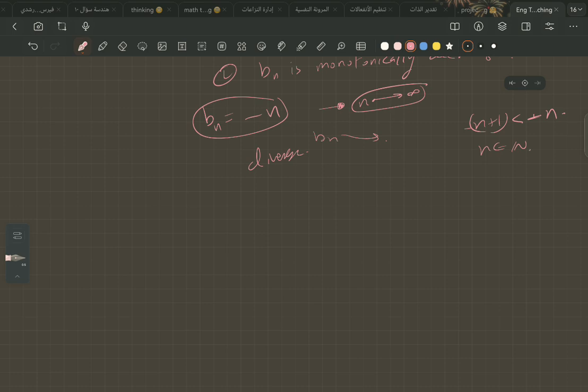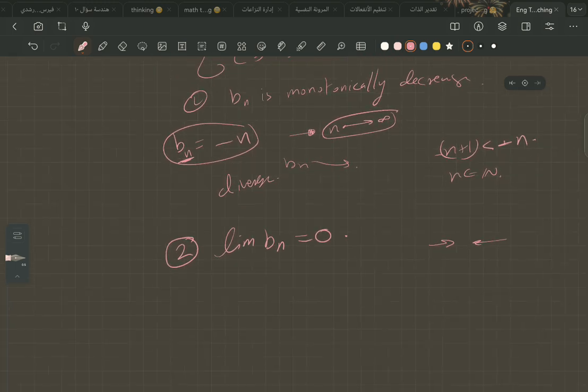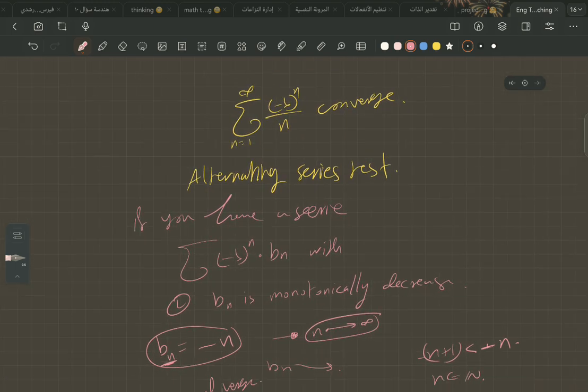That condition is that the limit of b sub n must be 0. So it's restricted from going toward minus infinity or to infinity. So this is the alternating series test.